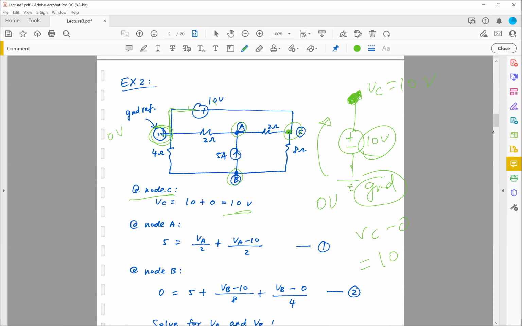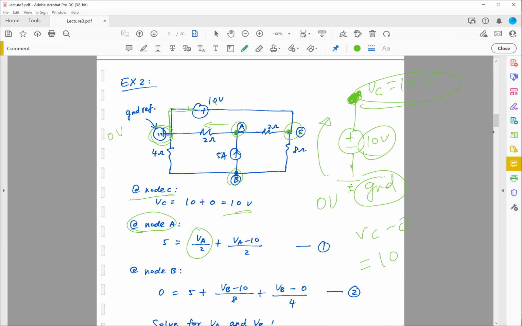And how about VA? At node VA over here, I'm just going to follow exactly the same technique that we discussed. So VA minus 0 divided by 2, I'm assuming current is flowing out of the node, so that's this term over here. VA minus 10 divided by 2, where is 10?